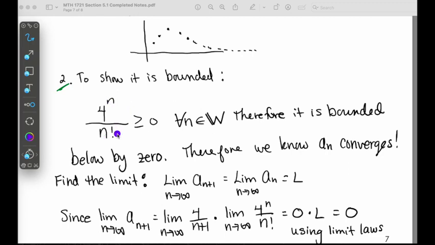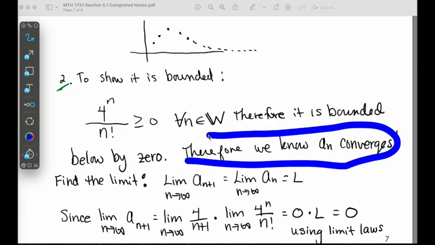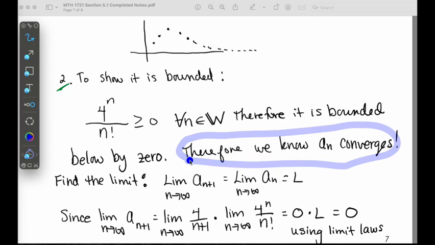So when I take a positive over a positive, this whole thing is greater than or equal to 0, which means it's bounded below by 0. So it's bounded below for all n in the whole numbers. Therefore, since it's bounded below by 0, and we showed in step 1 that it was monotone, by the monotone convergence theorem, the sequence converges.